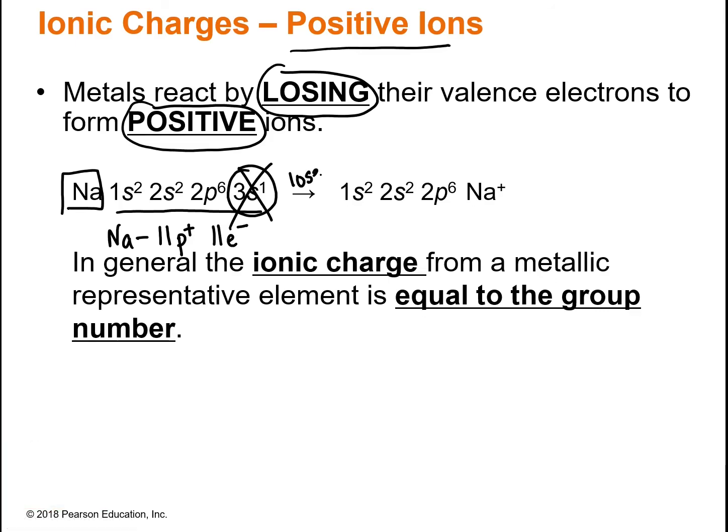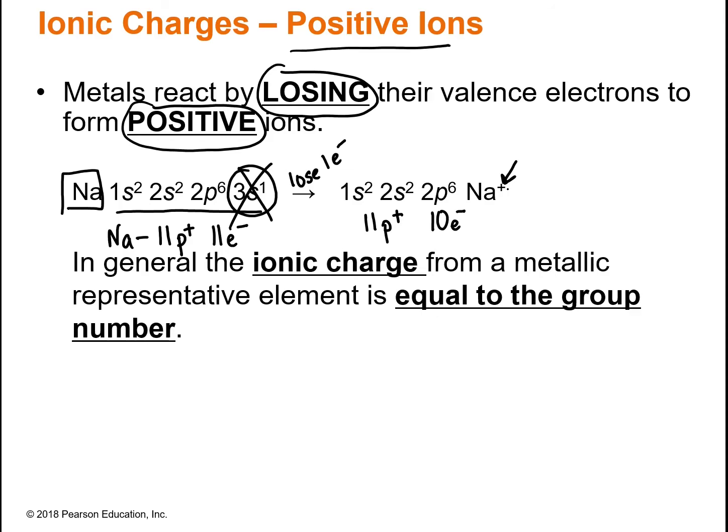If we lose one electron, we still have 11 protons, but we now have 10 electrons. So we have more positive charge than negative charge. So our sodium has a +1 charge.